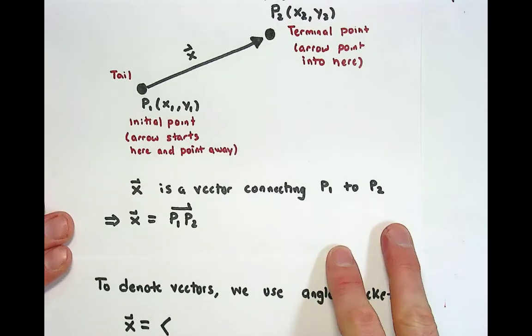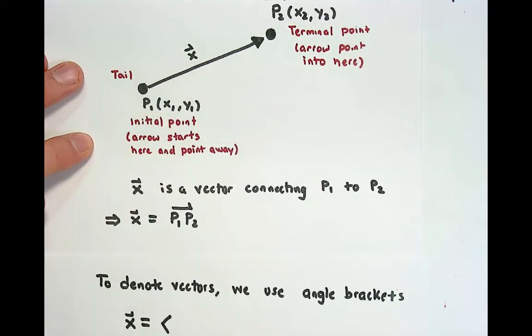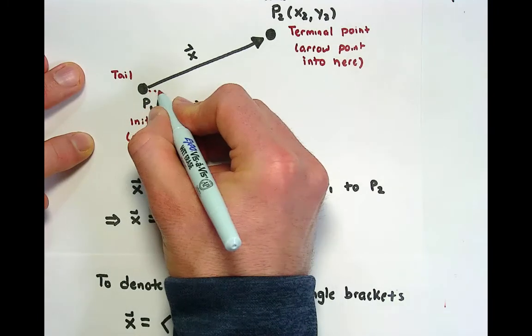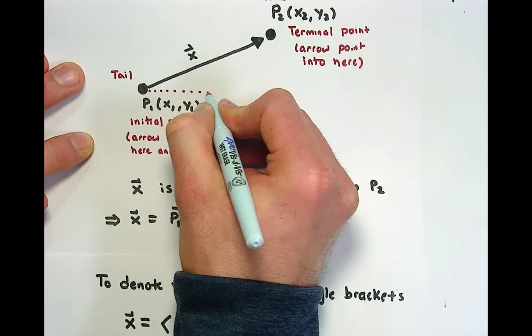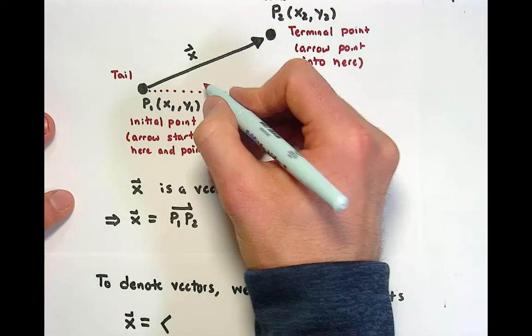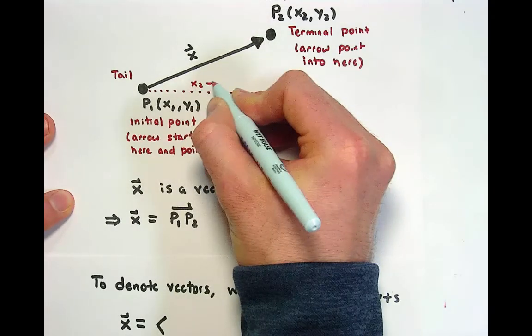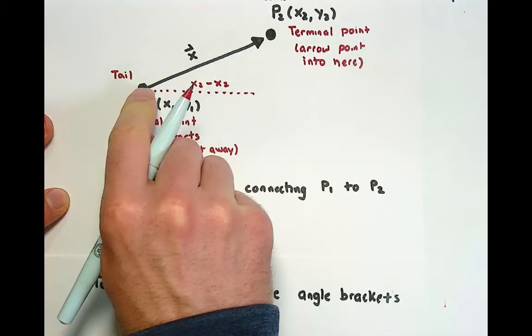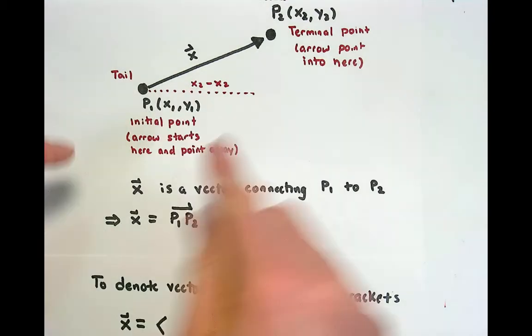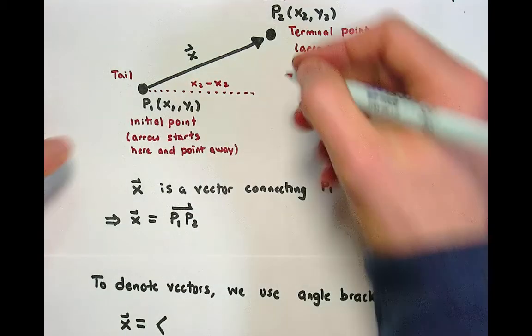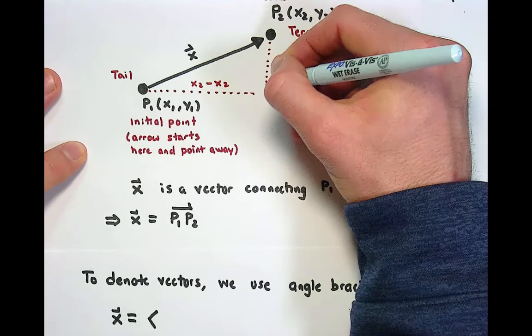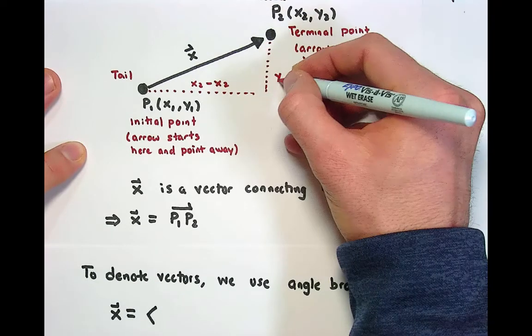So here if you looked at this difference, this would be x2 minus x1. That's the amount in the x direction that we go. And then this length right here would be the difference between y2 minus y1.